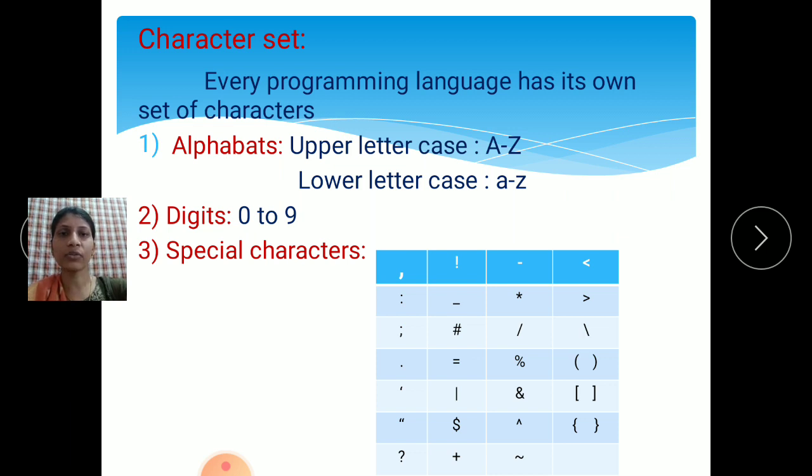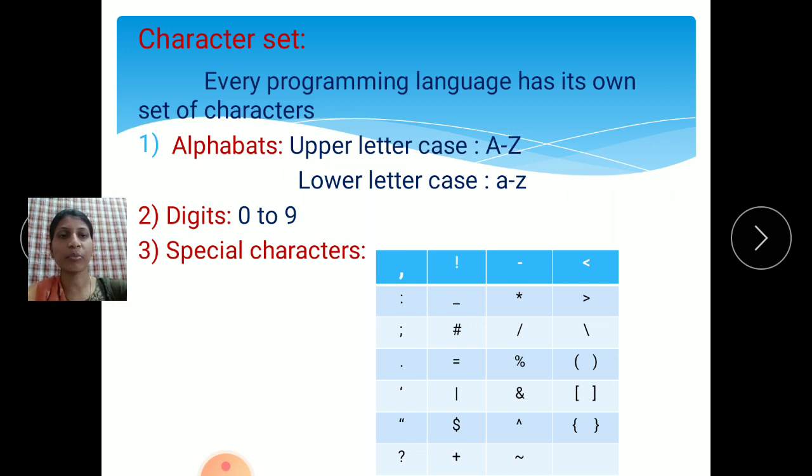If you want to declare two words, they are treated as one, so we attach them using an underscore, because in C programming space is not allowed. So to attach two words, we will use the underscore.